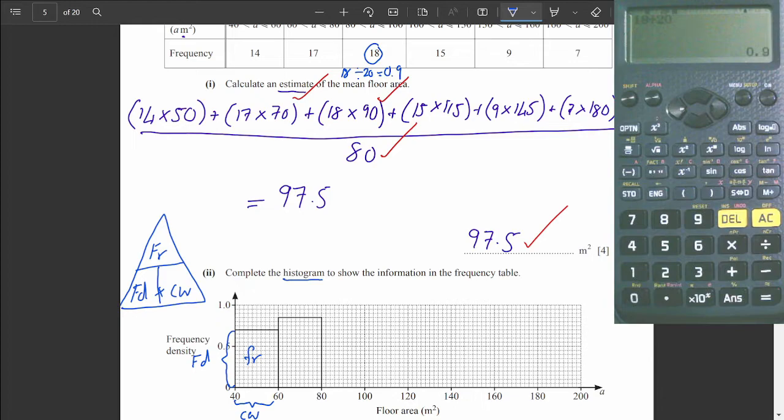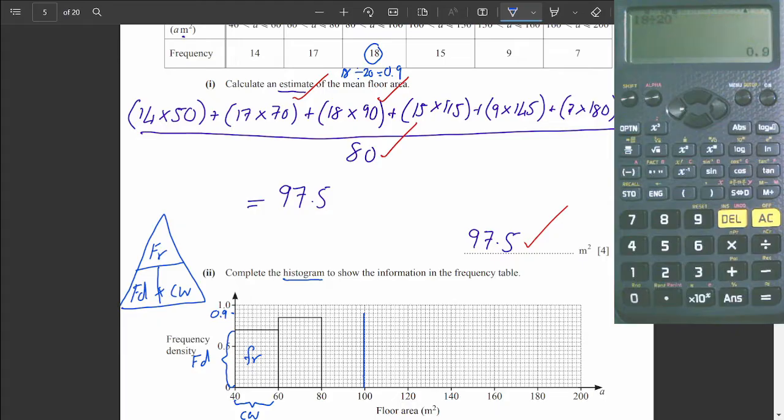Look at the scale on the vertical axis very carefully. Each two squares counts for one value, so it goes up by 0.05 for that matter. So 0.9 is what we're looking at here, going from 80 to 100. Now if you're one square off, you lose a mark.